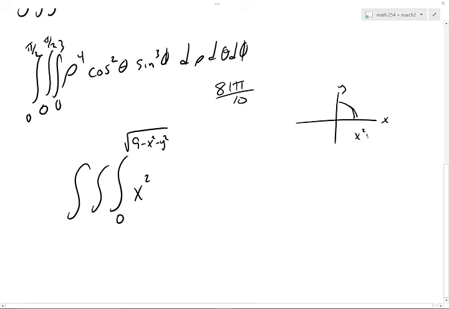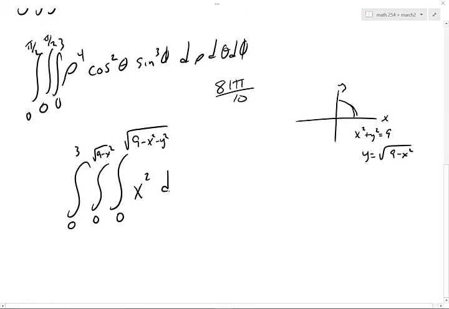So this is x squared plus y squared equals 9, which of course is y equals the square root of 9 minus x squared. So y goes from 0 to the square root of 9 minus x squared, and x goes from 0 to 3 because we're in the first quadrant. So we're going dz, dy, dx.